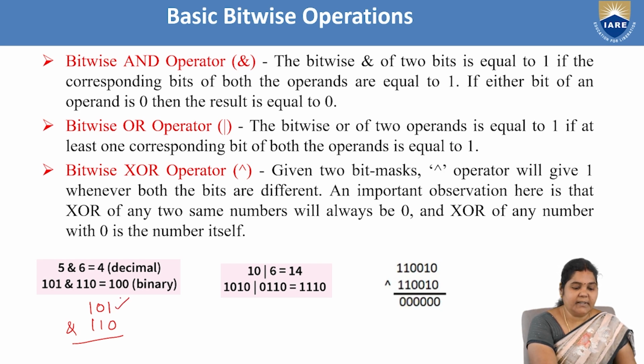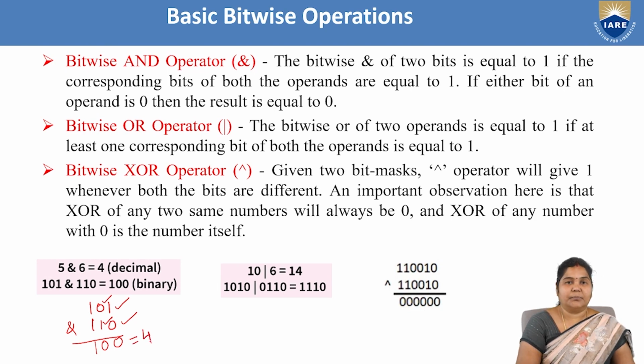Here one bit is 1, the other bit is 0, so the output will be 0. Here one bit is 0, the other bit is 1, so the output will be 0. In this case, both the bits are 1, so the output will be 1. When you convert it back, it gives you the decimal number 4.